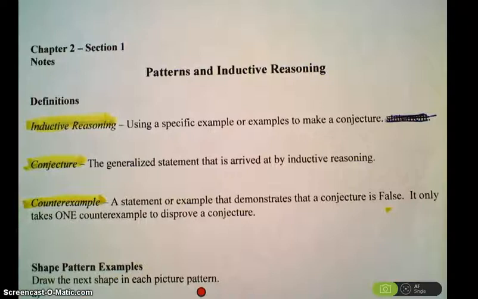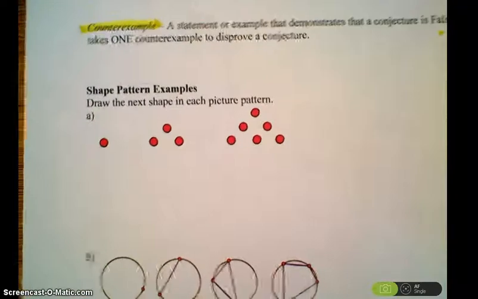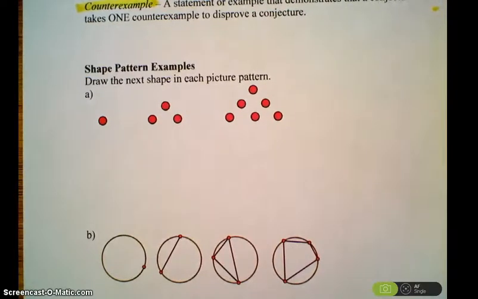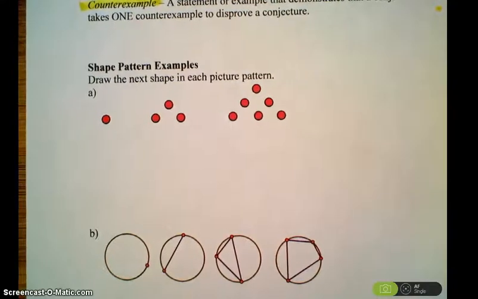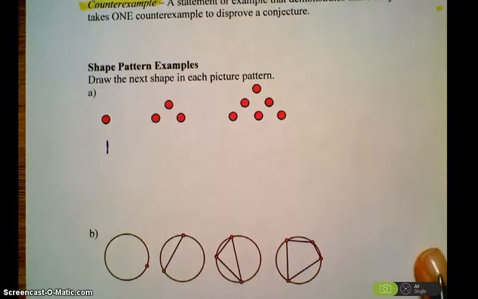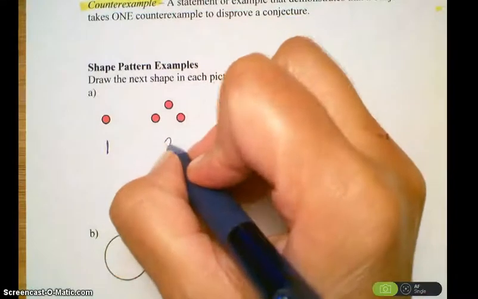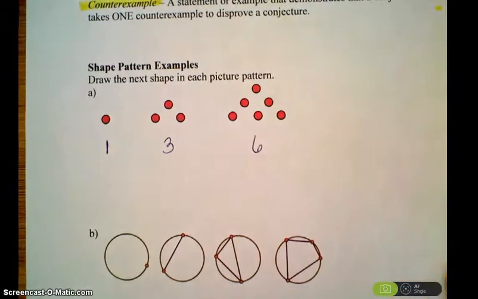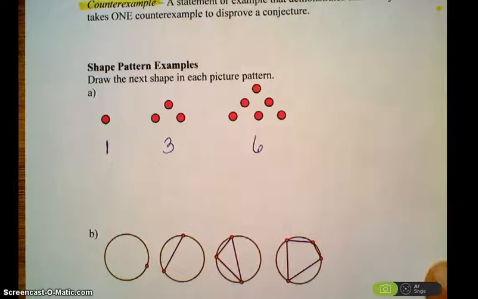So that being out of the way, the next type of examples we're going to look at are shape pattern examples. We're being asked to draw the next shape in each picture pattern. In this first set, I have one dot in the first picture. The second picture has 3 dots. And the third picture, if you count it, has 6 dots. So you take a look at this and think, what change is occurring?